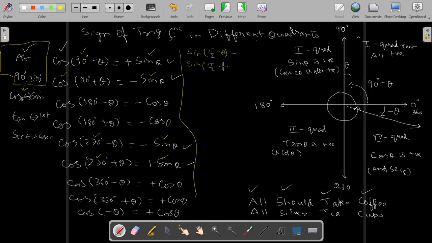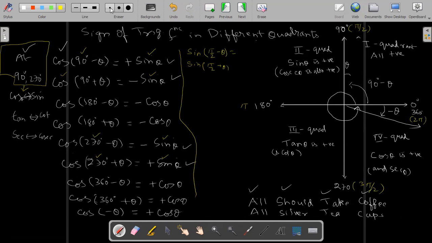If you move 90 degrees from here, this is pi by 2. Then 180 means pi. Then again pi by 2 plus pi by 2 plus pi by 2 will become 3 pi by 2. 270 means 3 pi by 2, and then 360 is 2 pi. So, we will write in terms of pi now.